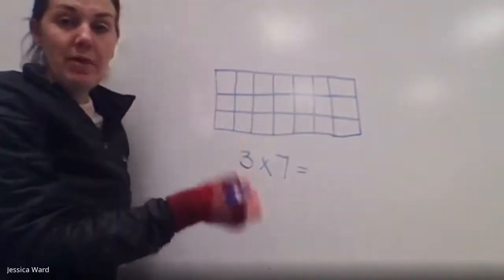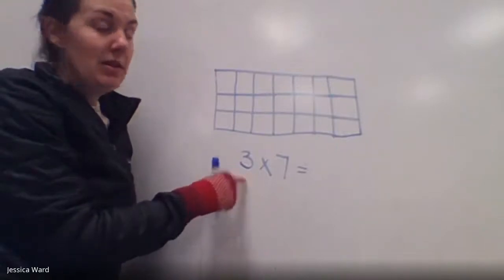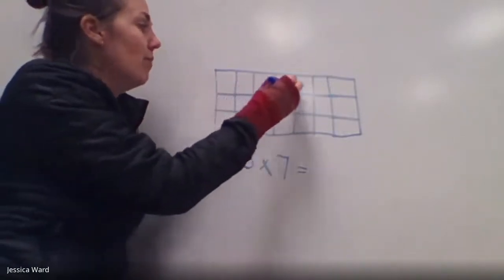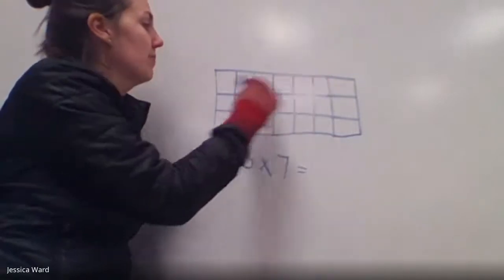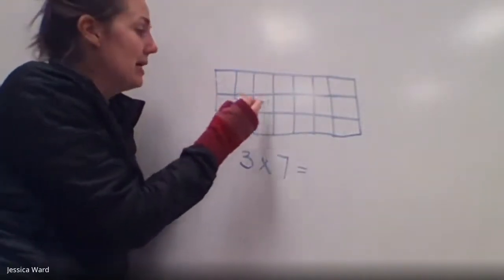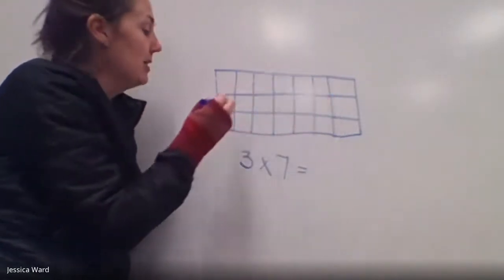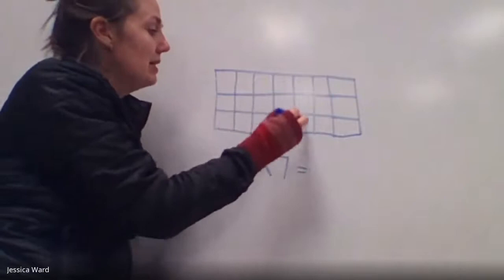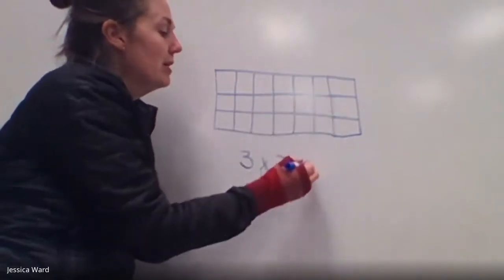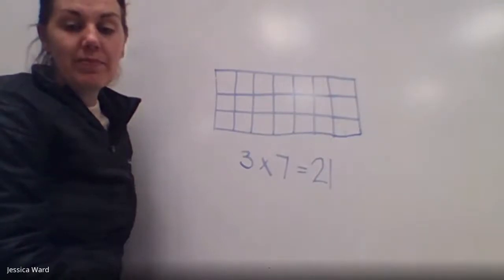I'm going to count them up to find what my product would be for 3 times 7. I have 1, 2, 3, 4, 5, 6, 7. I'm going to count on from 7 here. 8, 9, 10, 11, 12, 13, 14. Counting on from 14. 15, 16, 17, 18, 19, 20, 21. So 3 times 7 equals 21.